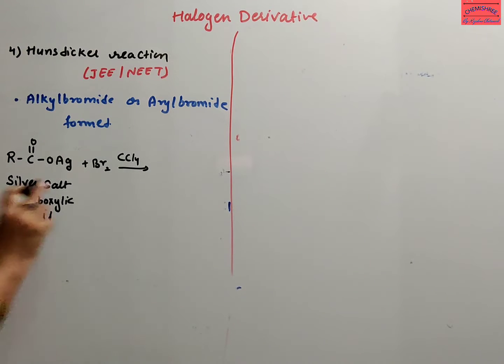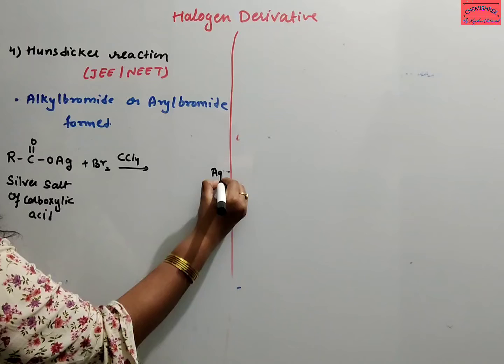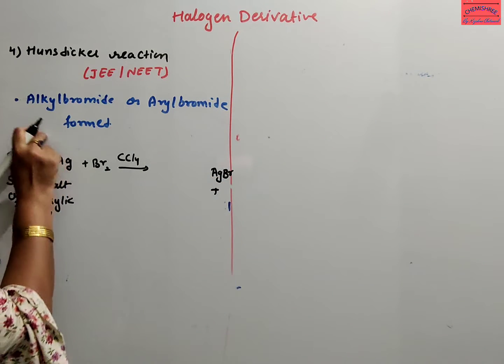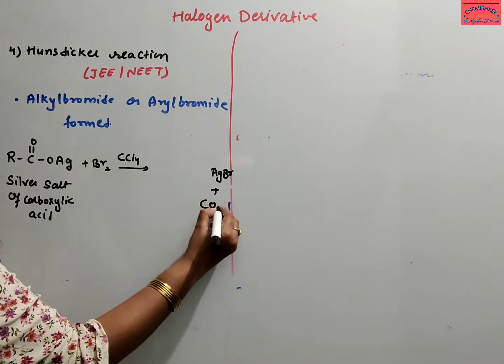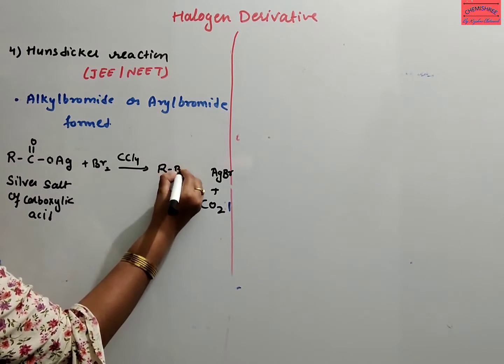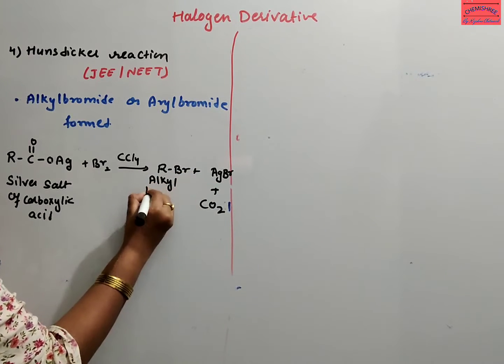So what will happen? AgBr is removed, plus the CO2 molecule is removed, and what is remaining is one bromine and R, so it will form RBr, alkyl bromide.